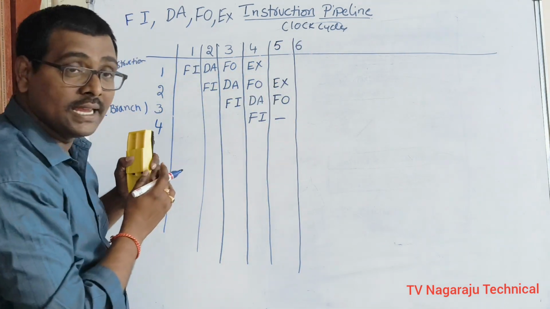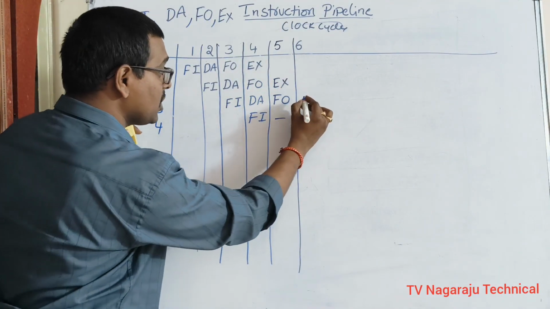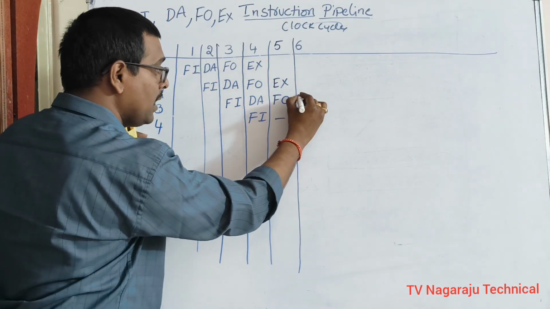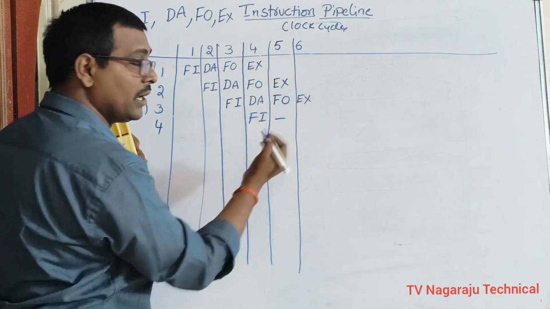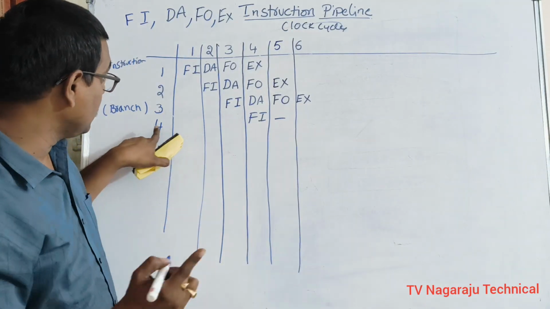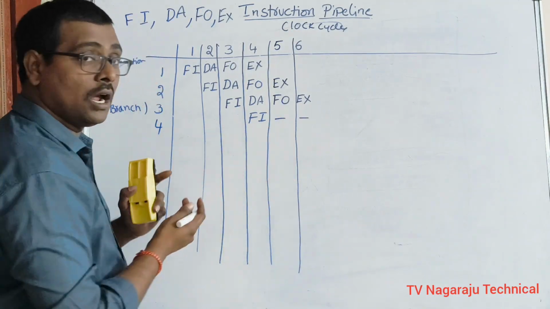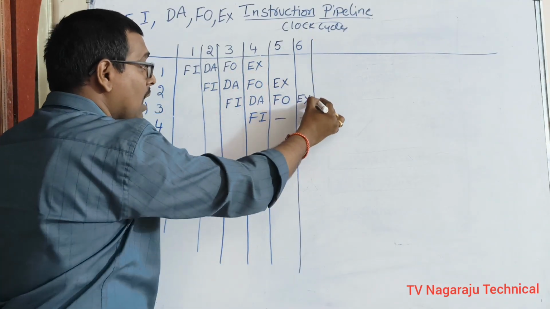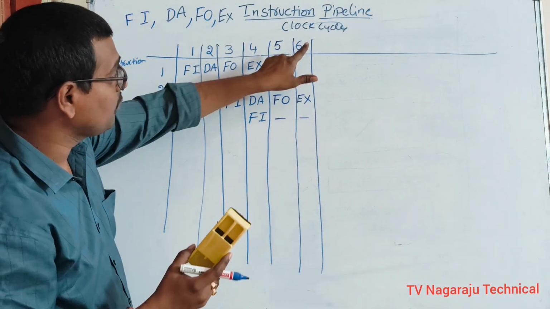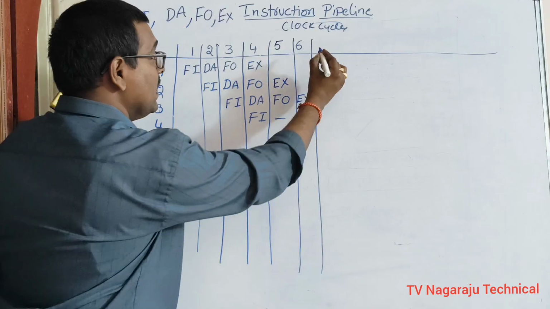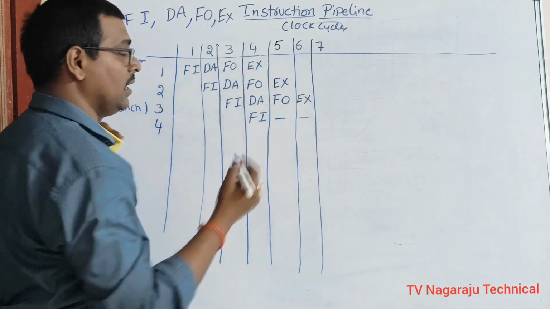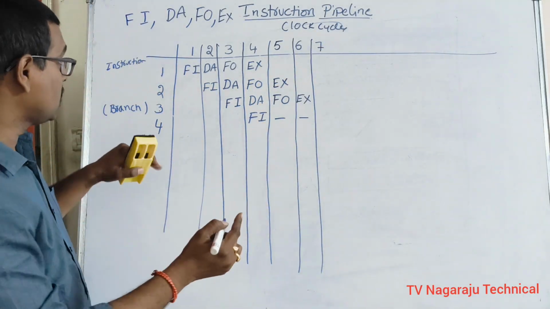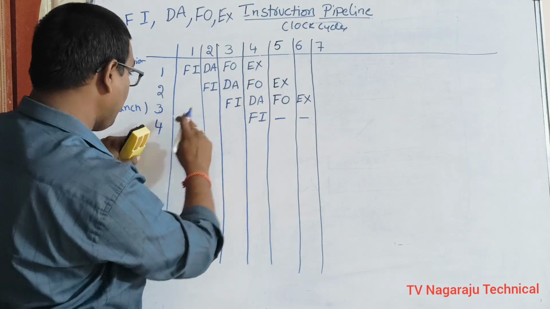Now clock cycle number 6, instruction 2 is completed. Instruction 3 is entered into execution. In this, the 4 is also not doing anything. After completion of 6 clock cycles, in the next clock cycle, what happened?